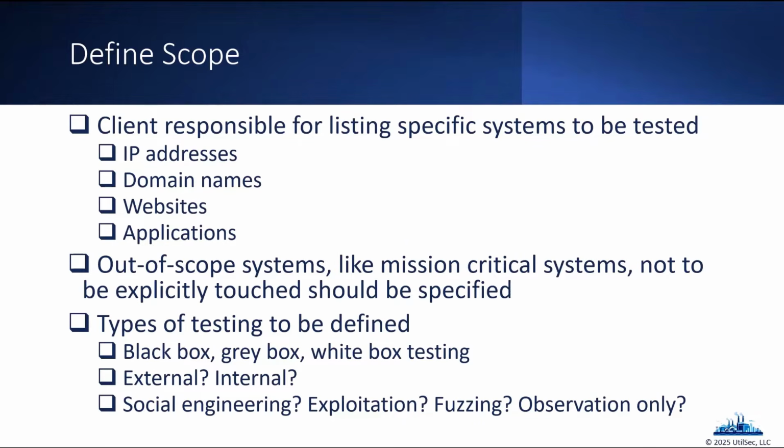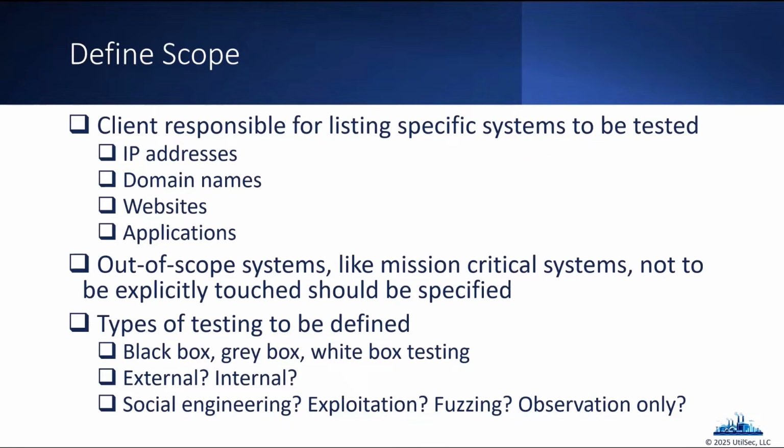We do have to make sure we understand what systems are out of scope. And these should be spelled out. Mission critical systems that the company is worried about, if they go down during testing, then there's a significant impact to the organization. I know we have projects that we work with where they might have 10,000 construction workers on the job.